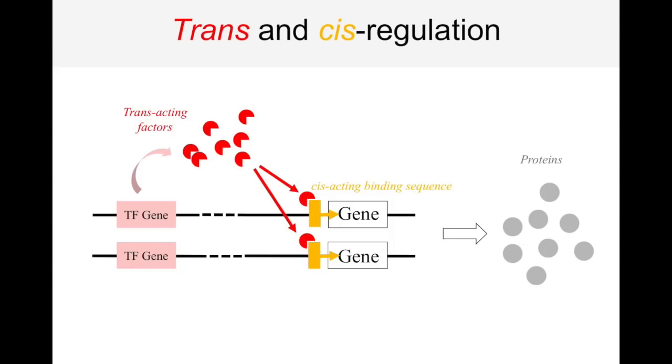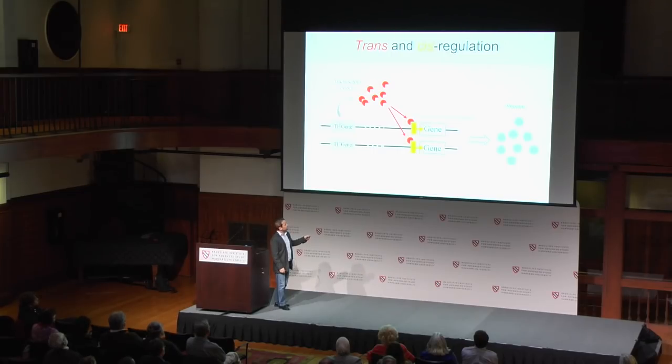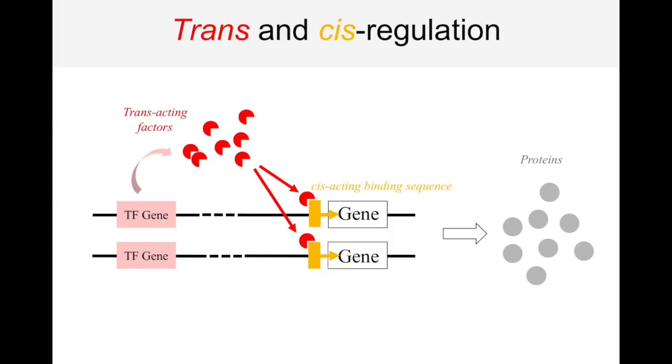The next thing you've got to understand about gene regulation in eukaryotes is that you've got two kinds, what is called cis-regulation and trans-regulation. So you are a diploid, you've got this gene, which is in two copies. In yellow here, you've got the cis-acting sequence, like the promoter or the enhancer, that will control the expression level of that gene.